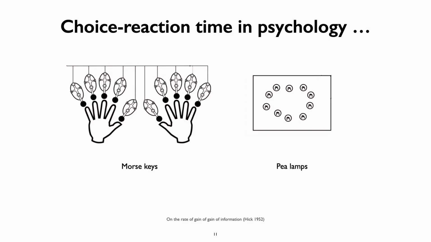Each of the participants' fingers was connected to a key, and the relationship between the keys and lamps was predetermined. The participant's task was to press the key corresponding to the lamp that lit up. Hick trained the participants for 8,000 trials before the real experiment and found that the time one takes to press the key is proportional to the entropy of stimuli.